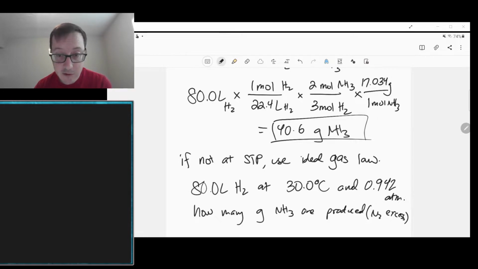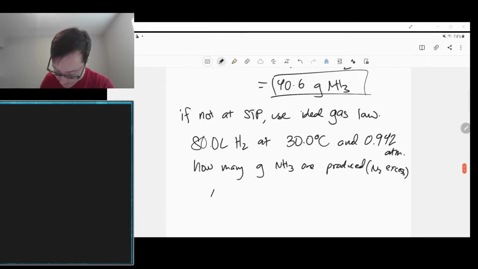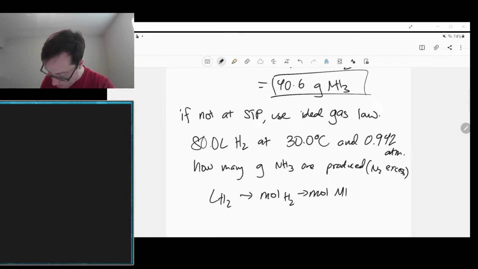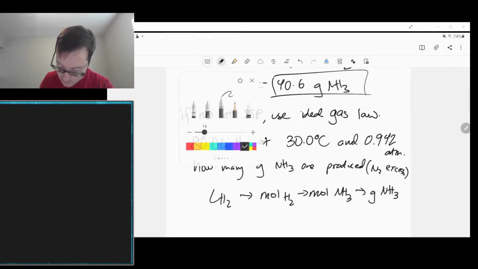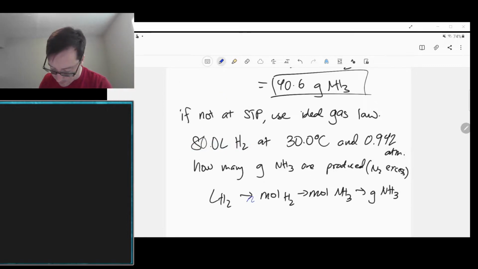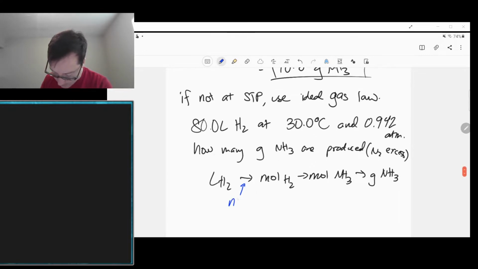Since we don't have the STP, we're going to still have the same unit plan. We still have liters of hydrogen going to moles of hydrogen, going to moles of ammonia, going to grams of ammonia. Our unit plan is still the same. The only thing is our conversion factor for the first part will change. Now, instead of using the molar volume because we're not at STP, we just have to use the ideal gas law.